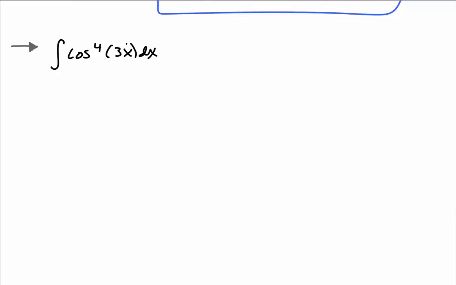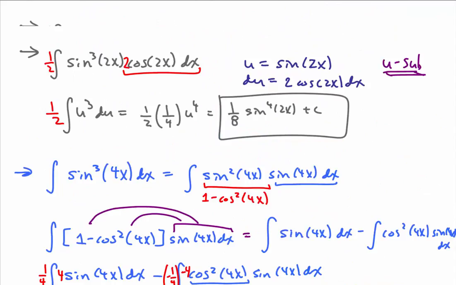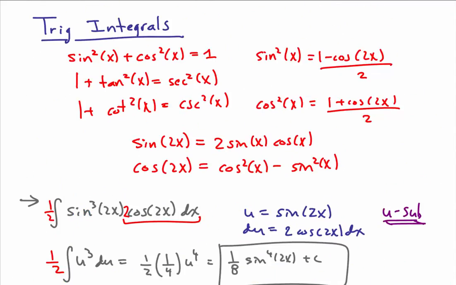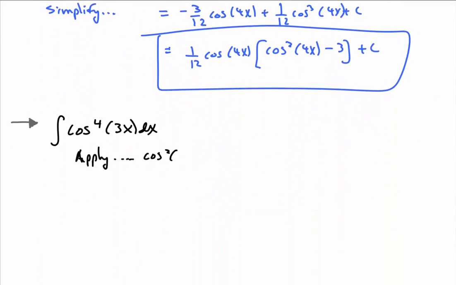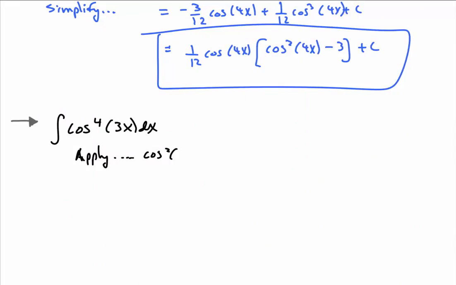So I think what I'll want to do here is apply a rewrite, and then my half angle identity tells me that the cosine squared of x is equal to 1 plus cosine of 2x over 2.